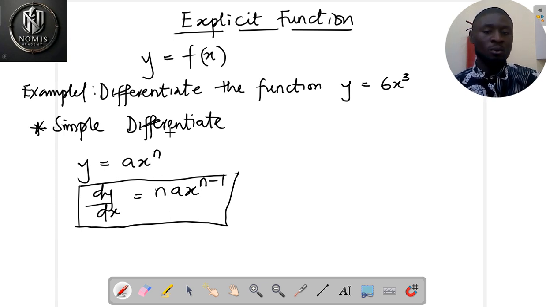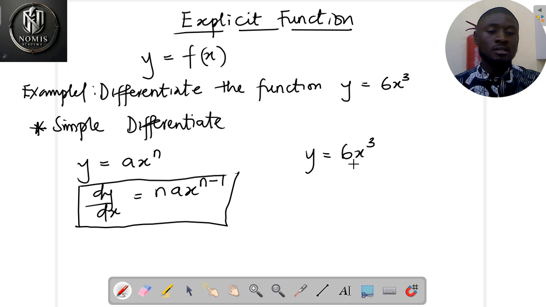Let's apply this formula to the example given to us. This example says y equals 6x cubed.